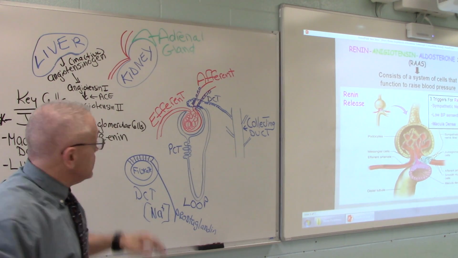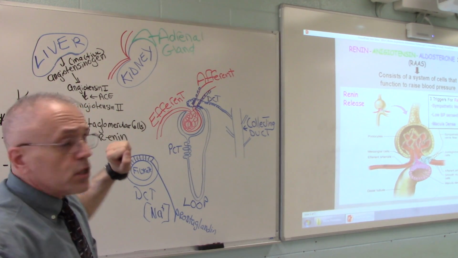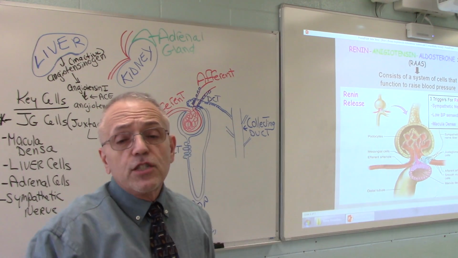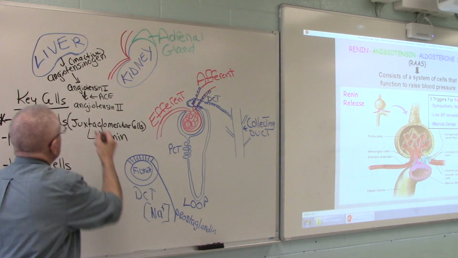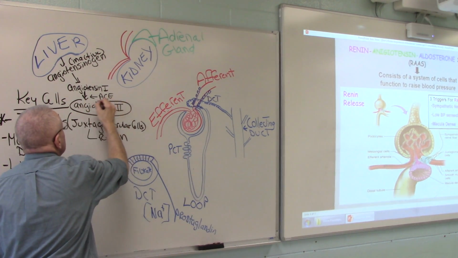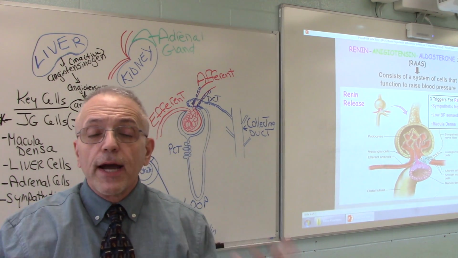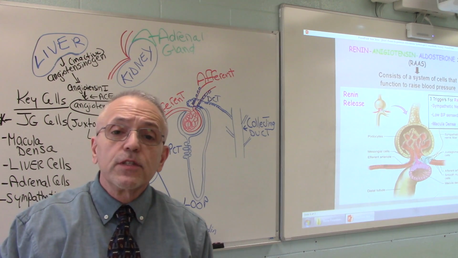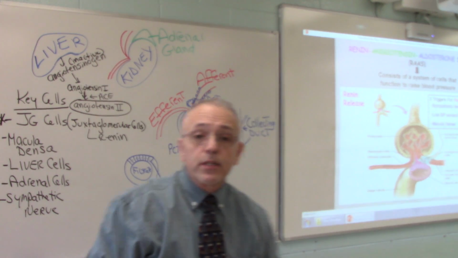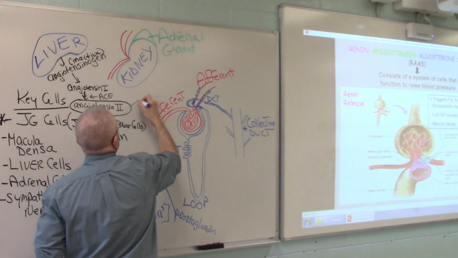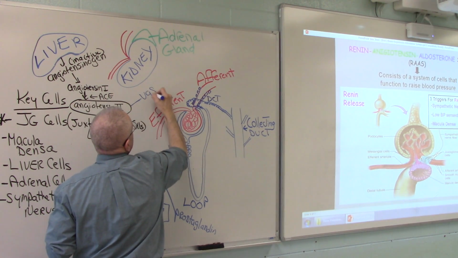So when ACE encounters angiotensin-1, it's going to convert it to angiotensin-2, and now angiotensin-2 is a bioactive hormone. One of the properties of this hormone is that it's a vasoconstrictor.